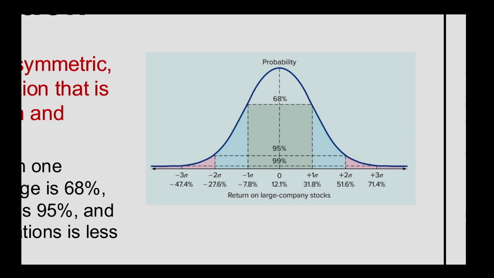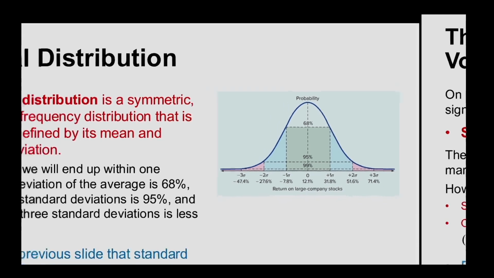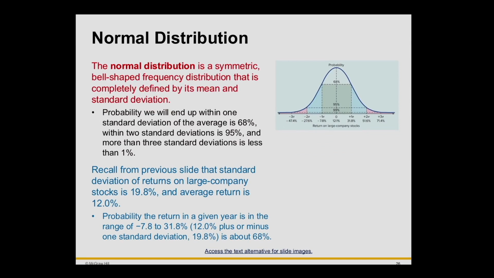Two standard deviations encompasses about 95%, and three standard deviations encompasses about 99%. Another thing to note here about a normal distribution is that it is symmetrical, meaning that the left side is similar in shape to the right side.